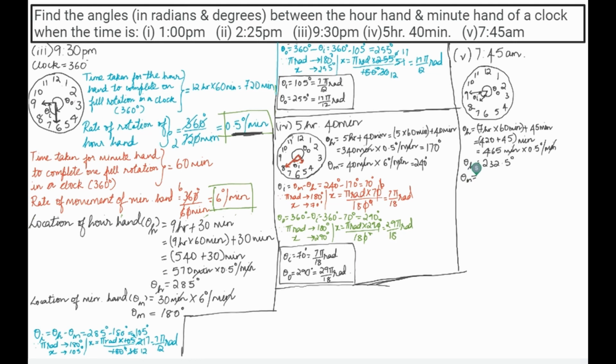Next, the location of our minute hand, that is theta m. The minute hand has moved 45 minutes, and the rate of rotation of the minute hand is 6 degrees per minute. Minute unit and minute unit cancel out each other. So we get theta m as equal to 270 degrees. Inner angle theta I: here we can see that the minute hand has moved farther.